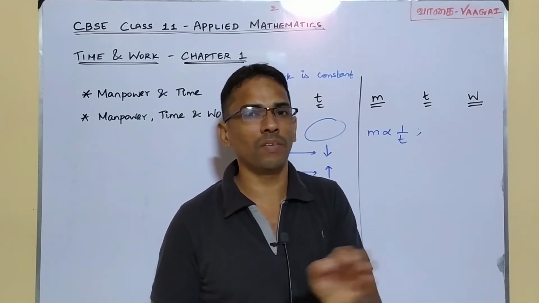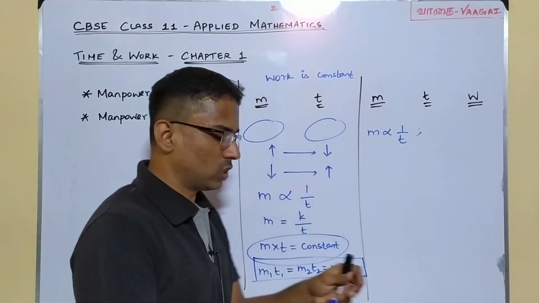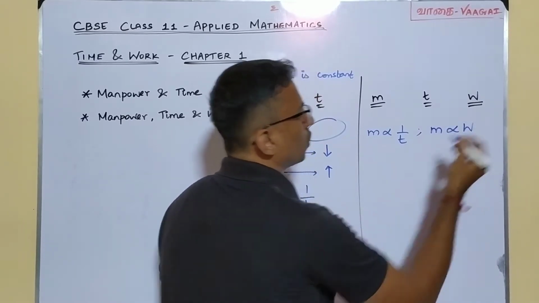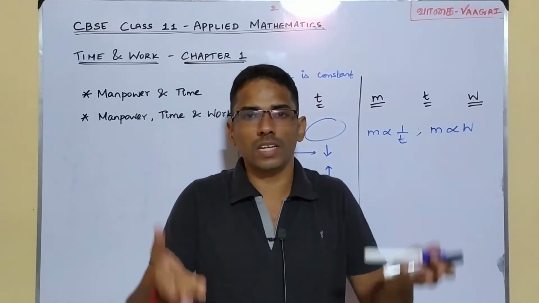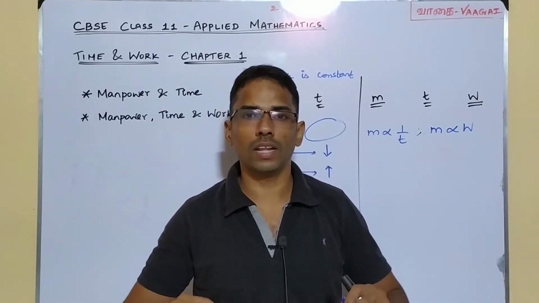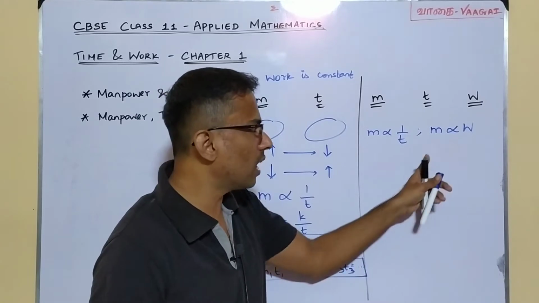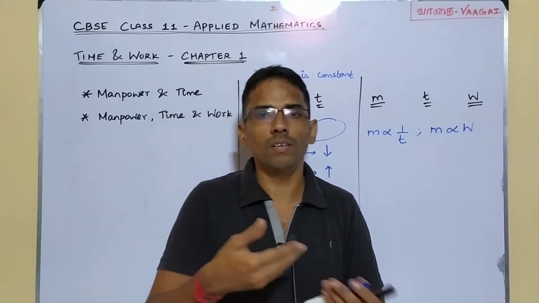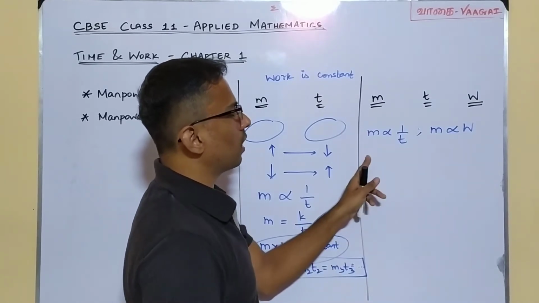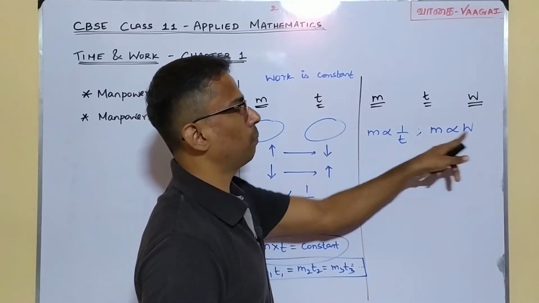How do you call the relation between manpower and work? It is very simple for us to understand. Manpower is directly proportional to work, because on both sides it is increasing or both sides it is decreasing. They move in the same way, so that's a direct proportion. Manpower and work are directly proportional. Now we are very clear about the manpower and time relation, and the manpower and work relation.